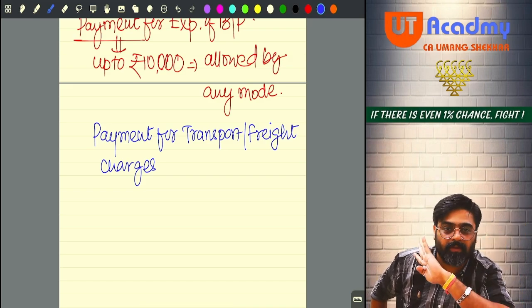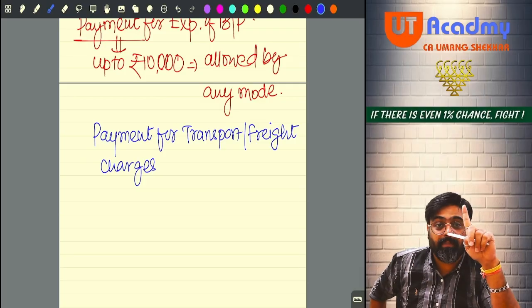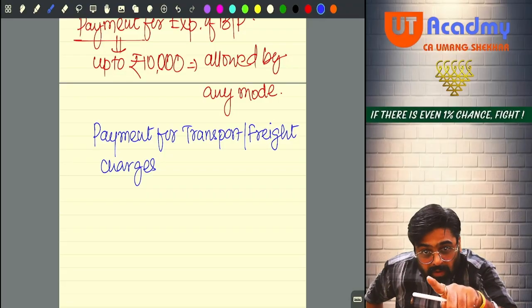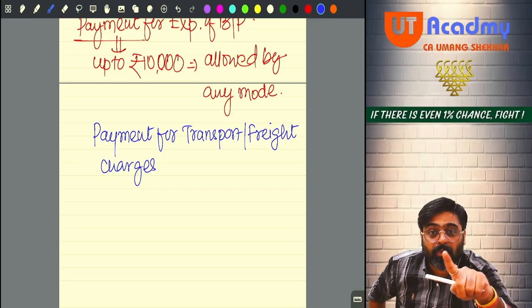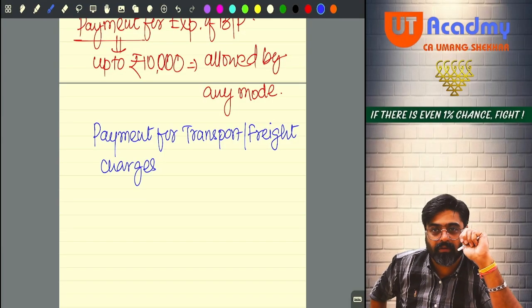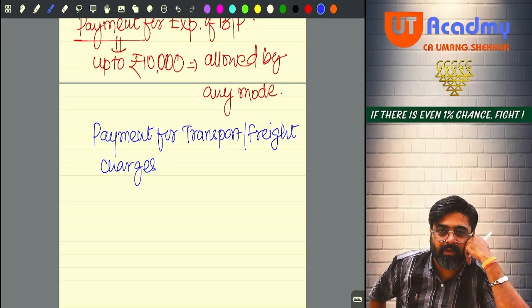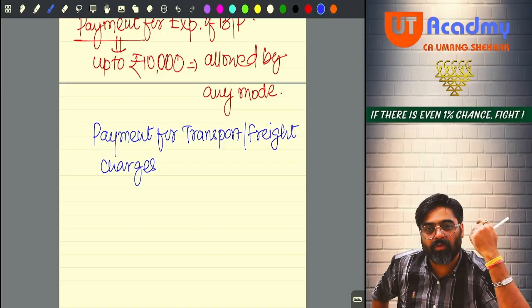Only this business expense. Payment for any business expense? No. Payment for only this business expense, which is transport or freight charges. So this payment should be made to a transporter only, no? For your business, for your profession, are you taking some help of the transporter to transport goods, etc.?